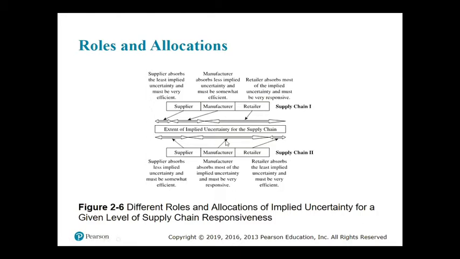So actually, these two supply chains, if you remember in the last class, we talked about a couple examples of furniture makers. One is sort of like IKEA strategy, make to stock, and the other one is Ethan Allen, where they make custom furniture. Now, can you fit these two companies into supply chain 1 and 2?